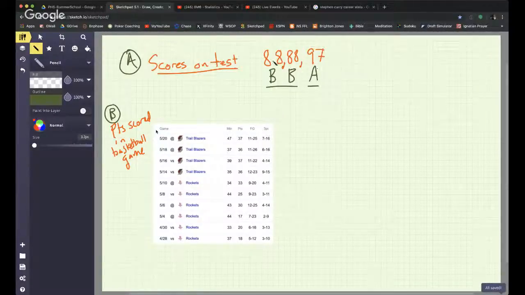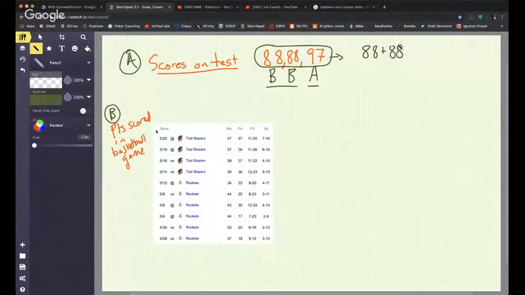Let's do our numerical calculation and see if the average of 88, 88, and 97 is a B or an A. All right, so our sum is 88 plus 88 plus 97. And the number of numbers is 3.